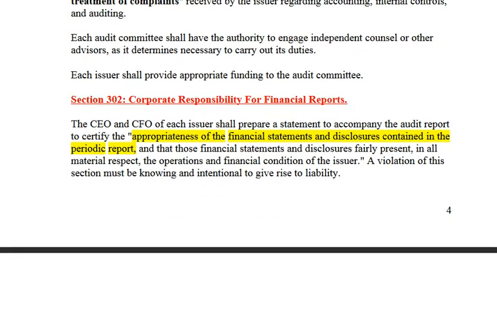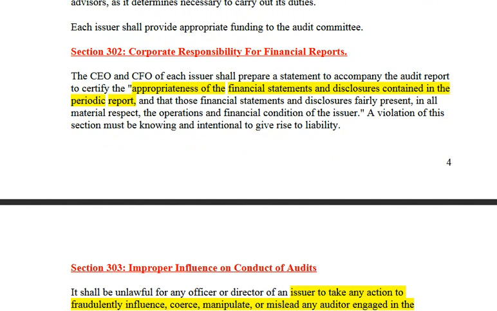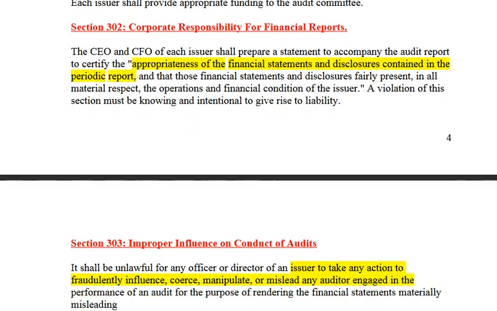Each audit committee shall have the authority to engage independent consultants or other advisors as is determined necessary to carry out its duty. Each issuer shall provide appropriate funding to the audit committee.